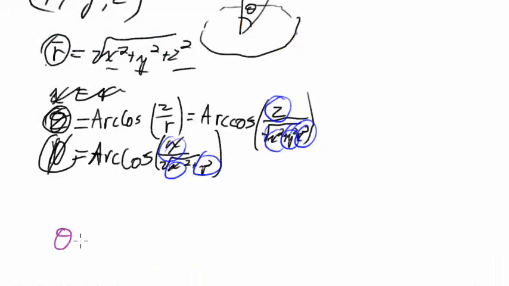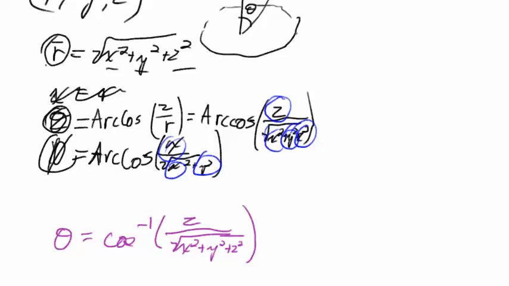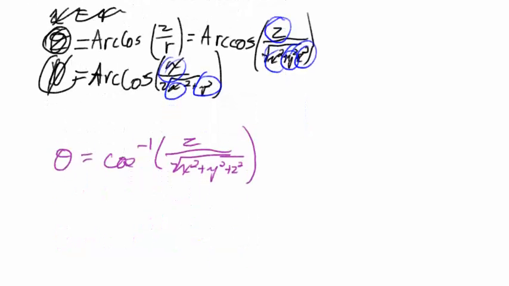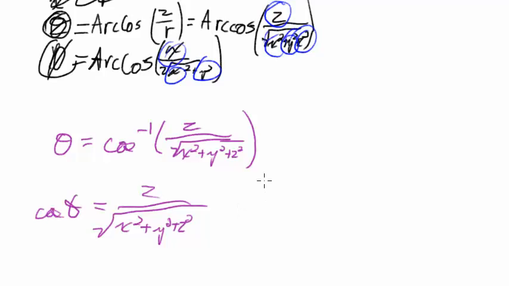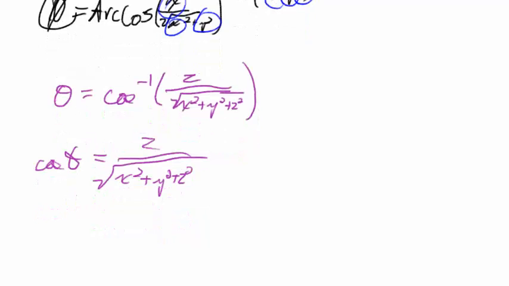So we've got theta equals cos inverse of z over the square root of x squared plus y squared plus z squared. And we'll go ahead and take the cosine of that. Cos theta equals z over the square root of x squared plus y squared plus z squared. And then what next?